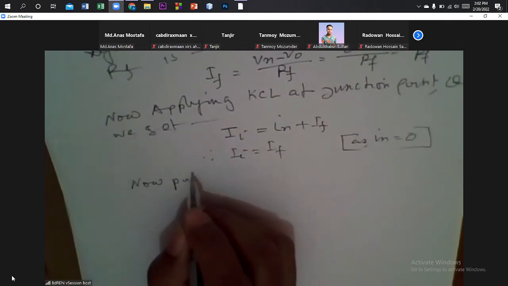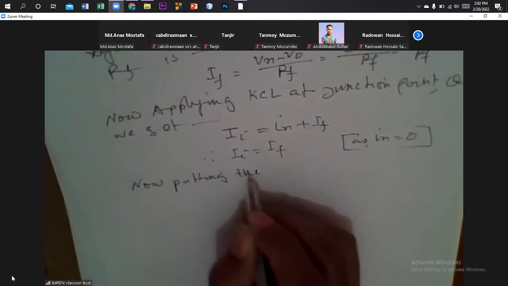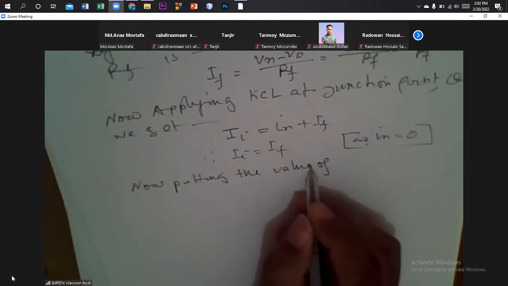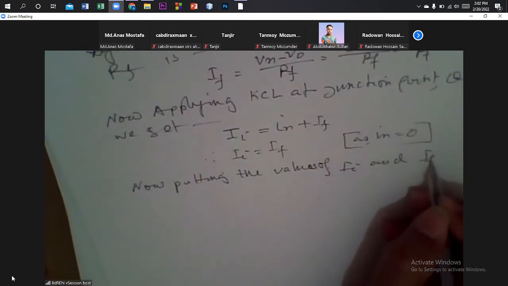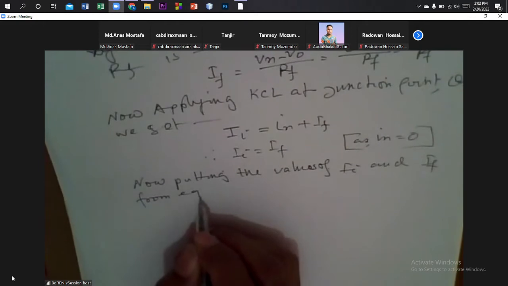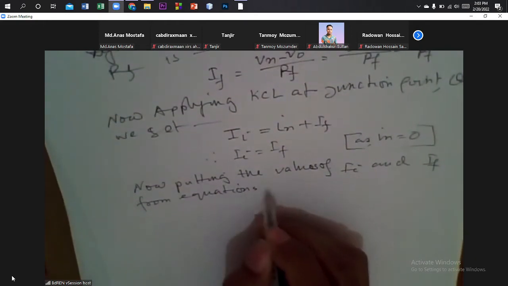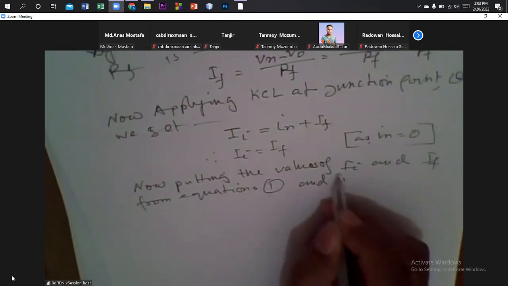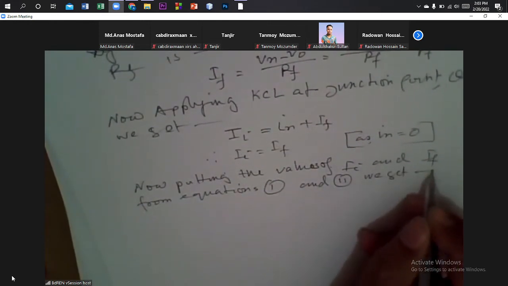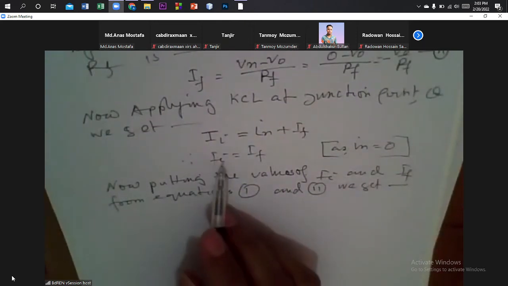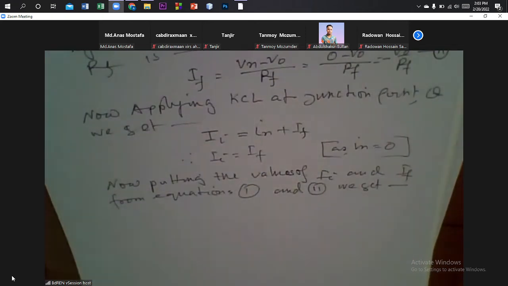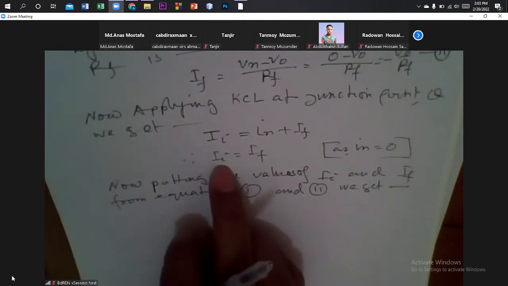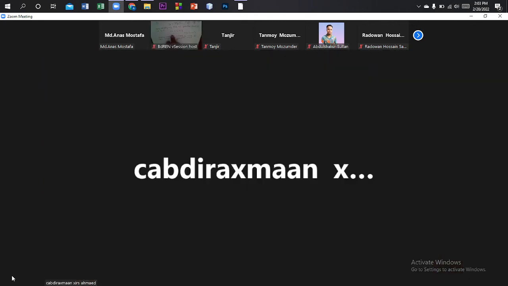Now putting the values of I and IF from equations 1 and 2, we get what can we write here? What is the value of I? I is E1 divided by R1.